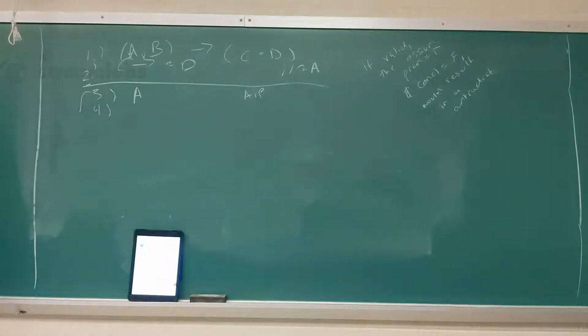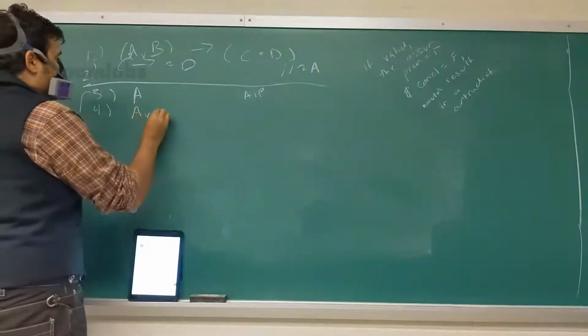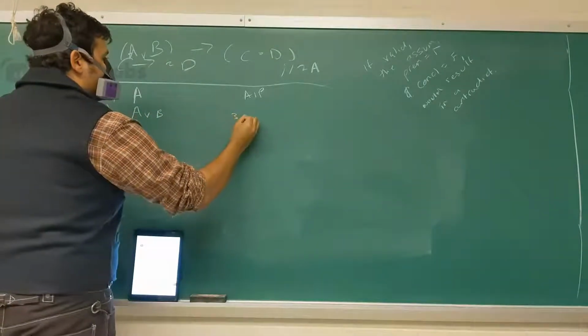What would that allow me to do? Anybody see a rule I could use? Use addition to get A or B. Okay, so I get A or B with 3 addition.